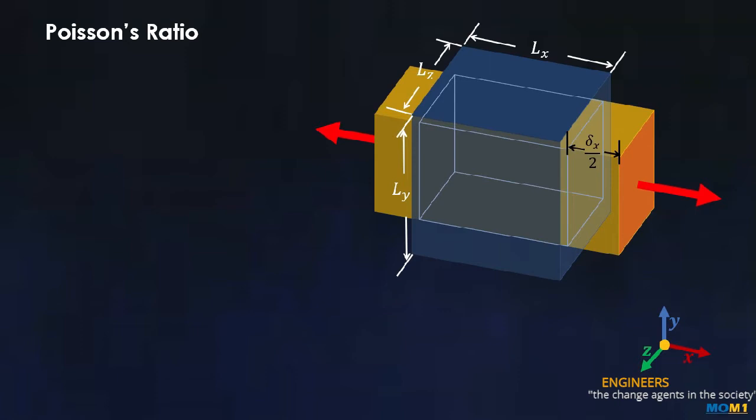Similarly, there is going to be contraction along the lateral directions. So contraction along y-axis, that is del y by 2 on one side, and the contraction along z-axis is going to be del z by 2.